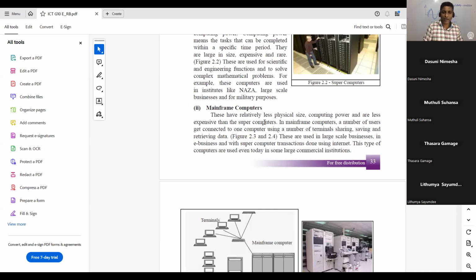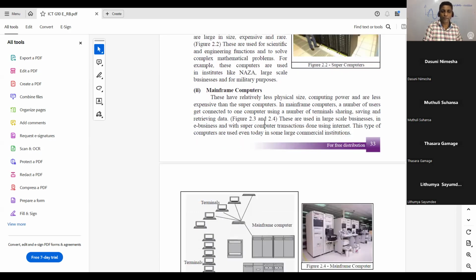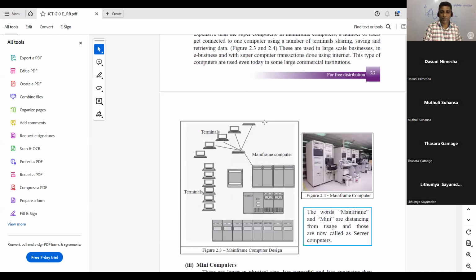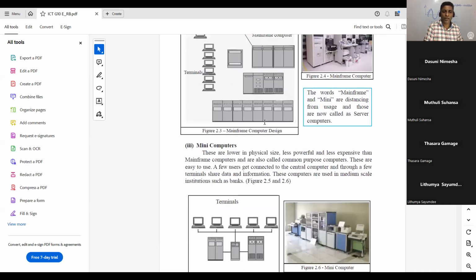Those are very rare, but mainframes are available. So big organizations, large commercial organizations like airports, harbors, maybe banks, use mainframe computers, right? So it takes some power, but comparatively less than the supercomputers. Large scale businesses.